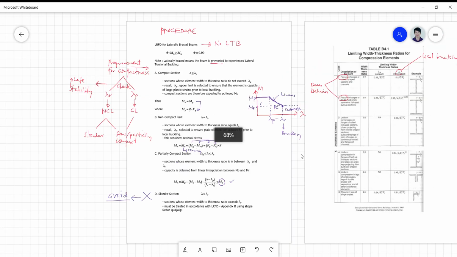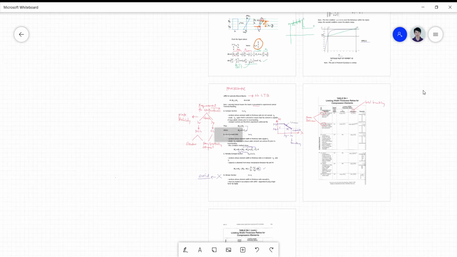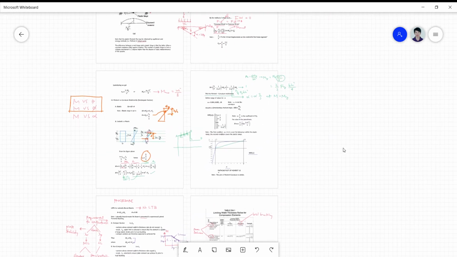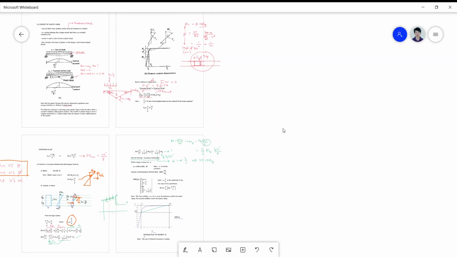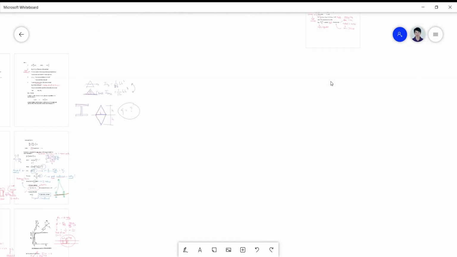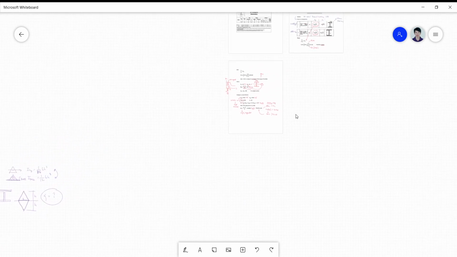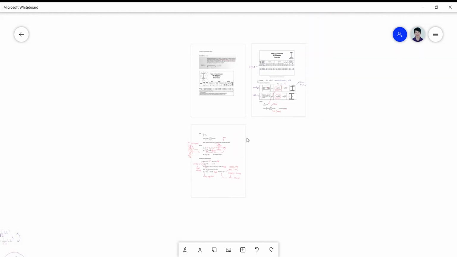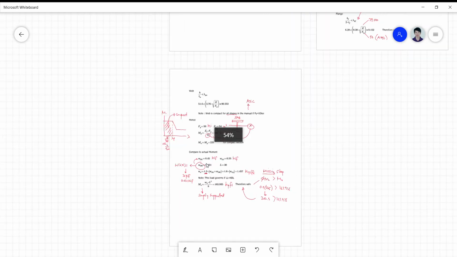And lucky enough, the Z is already given in the table also, so we don't have to compute for it. Okay, but in case there's no available table, again, all we need to do is to use our basic knowledge on how to compute for your plastic modulus for us to be able to compute the nominal moment.